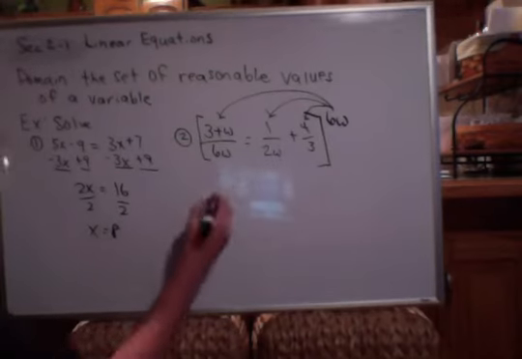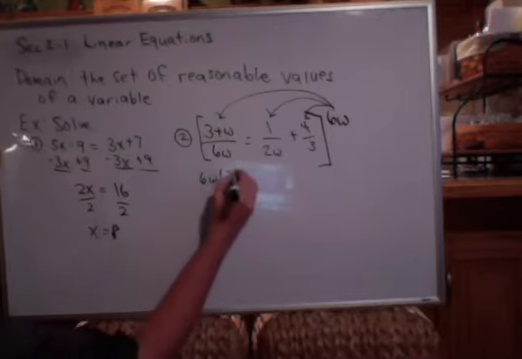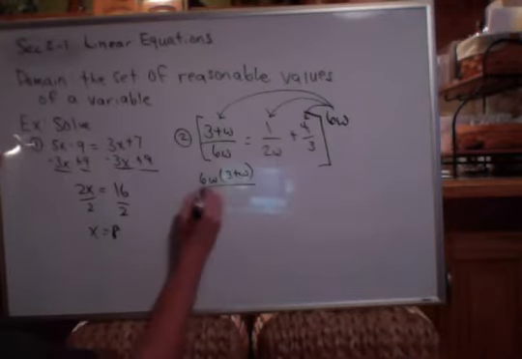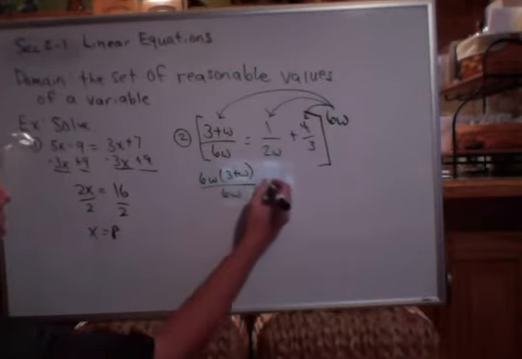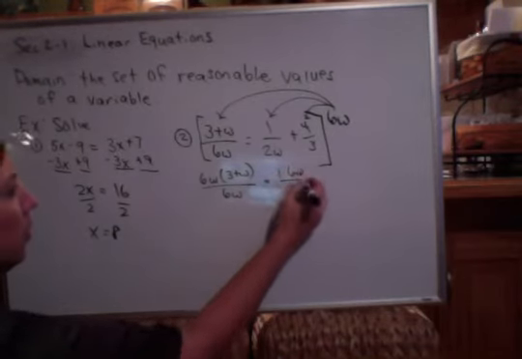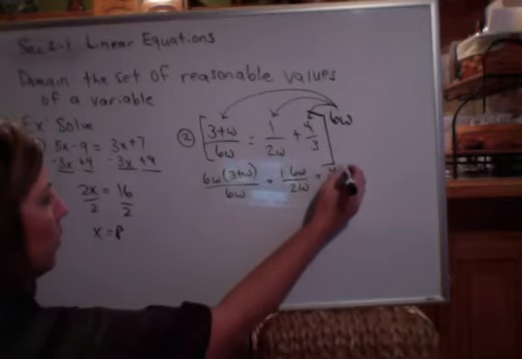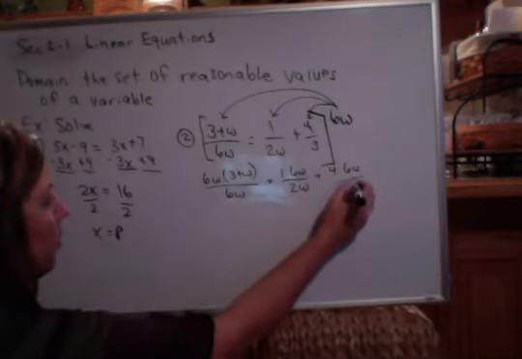When I do that, I end up with 6w times (3 plus w) over 6w is equal to 1 times 6w over 2w plus 4 times 6w over 3.